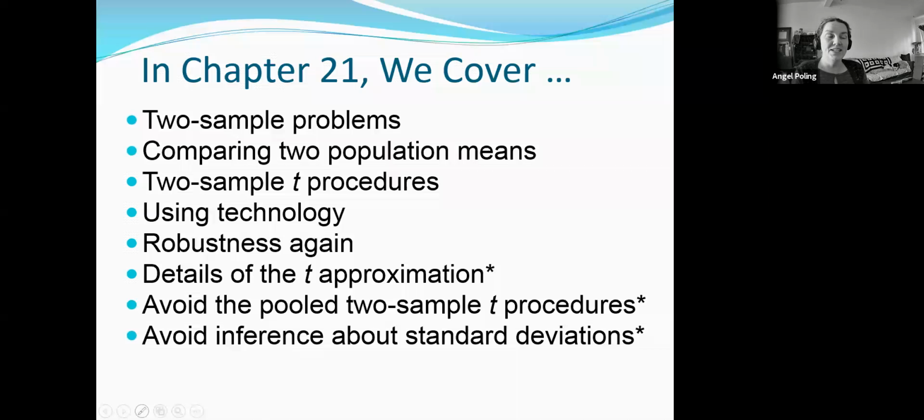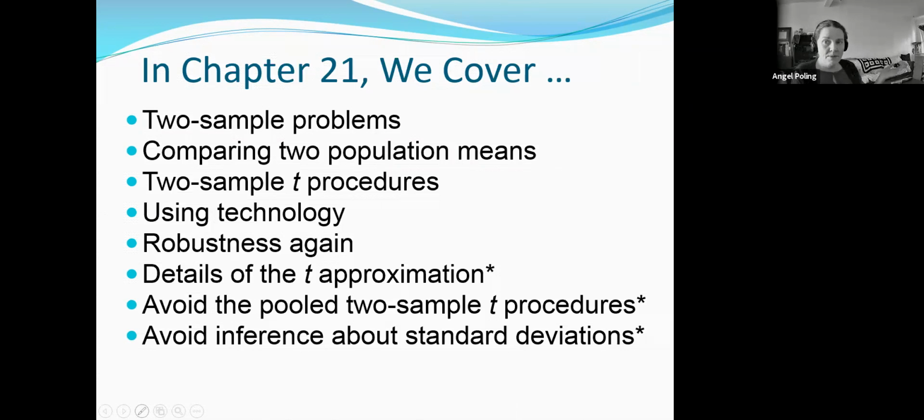So we've been doing inferences about means, and we can do them about proportions, which is chapter 22. I keep thinking we were already at 22, but proportions is chapter 22 when we come back from break.